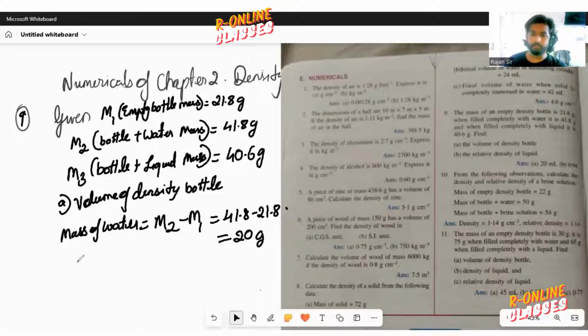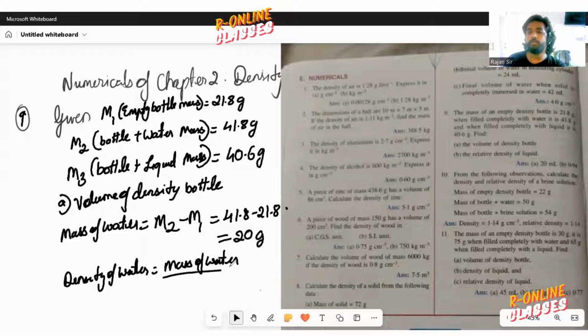That is the mass of water. Now to find the volume of the bottle, we use density of water equal to mass of water upon volume of density bottle. I hope that is okay.